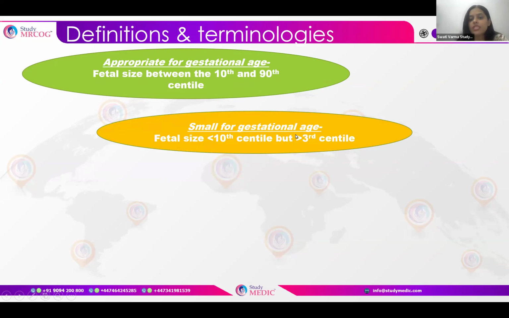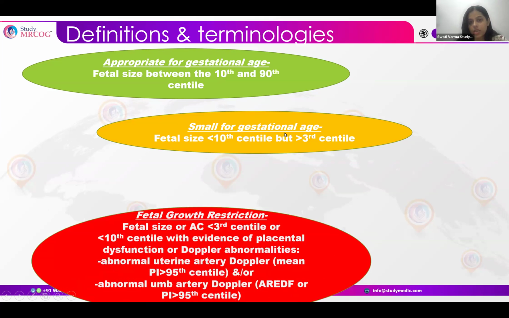Small for gestational age is whenever fetal size is less than the 10th centile, but it should be more than the 3rd centile to keep it in the definition of small for gestational age. If fetal size is between the 3rd and 10th centile, it is known as small for gestational age.